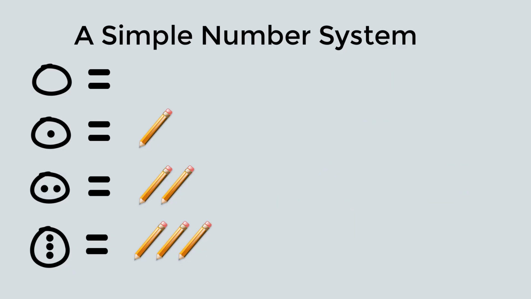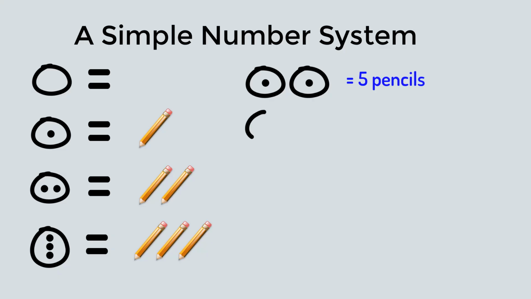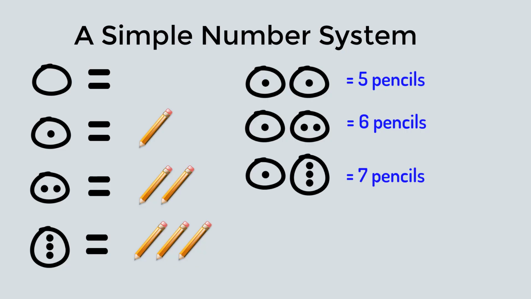5 pencils are represented as 1 group of 4 and 1 extra pencil. 6 pencils are represented as 1 group of 4 and 2 extra pencils. 7 pencils are represented as 1 group of 4 and 3 extra pencils.